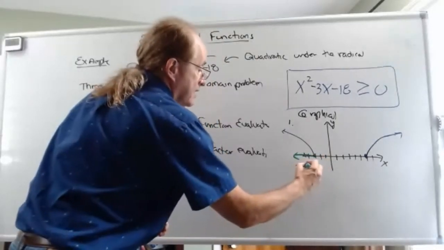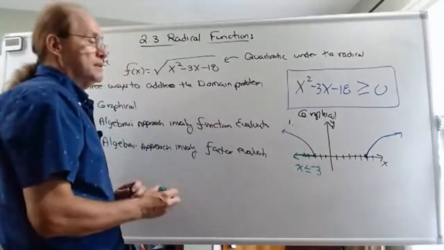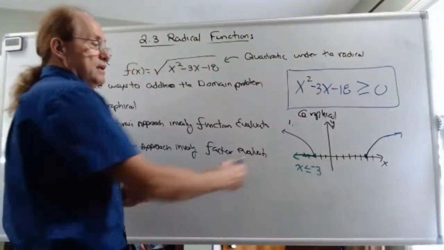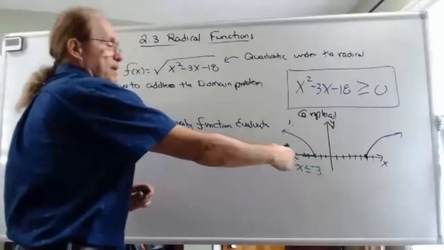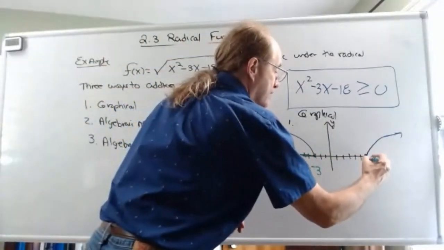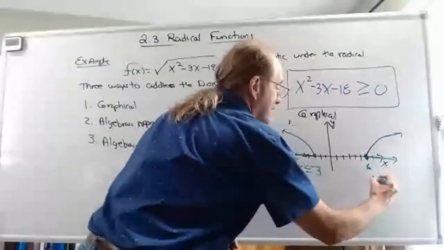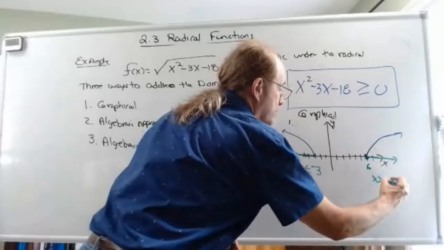So here, x is less than or equal to -3. That's part of the domain. It's an allowable value for x. Or, 6 over here and go to the right. So x is greater than or equal to 6.